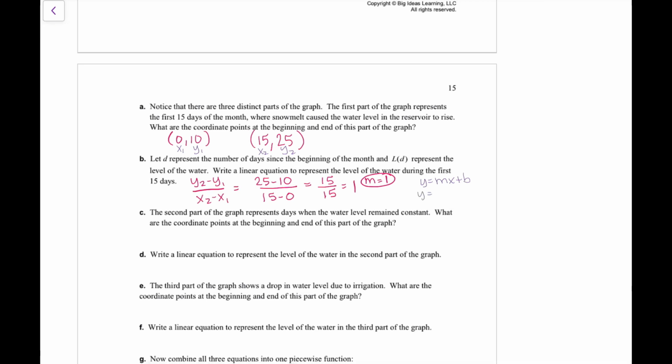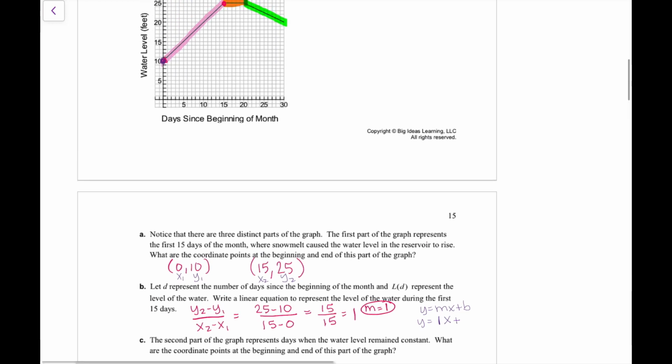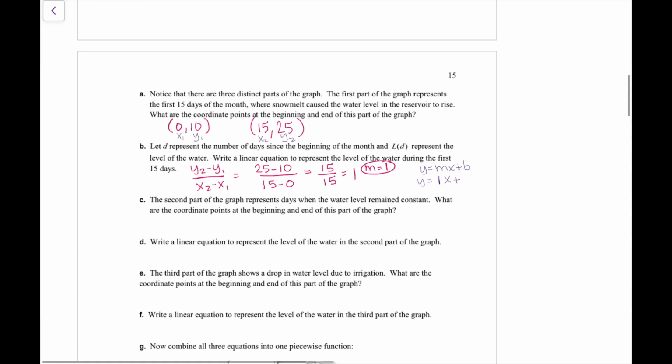Y equals, my slope is 1, so 1x, plus my beginning spot, that 10 right here, so we add 10. If I simplify this a little bit more, I can say y equals x plus 10. So that's the equation of my first line.